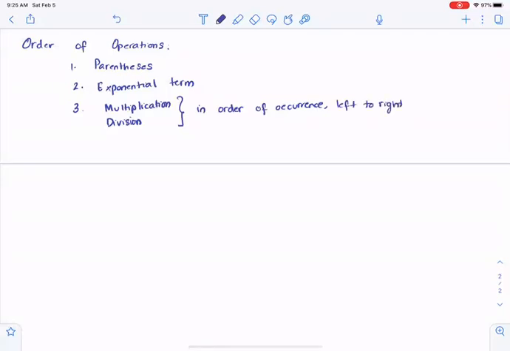So you do multiplication and division in the order they happen from left to right. Addition, subtraction, same, in the order of occurrence from left to right.